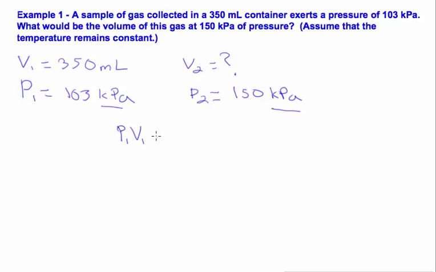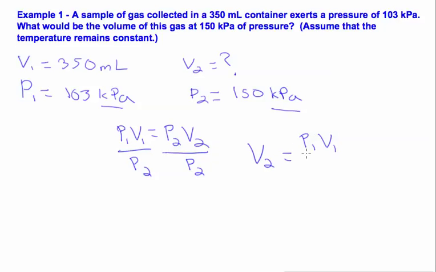P1 V1 equals P2 V2. If we're trying to solve for V2, we're going to divide both sides by P2. And we get V2 equals P1 V1 divided by P2.